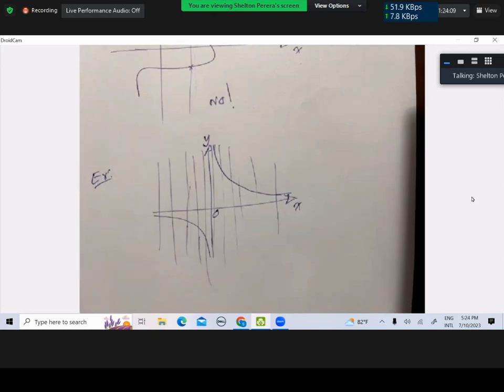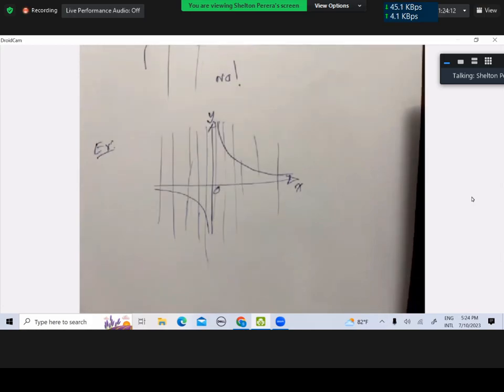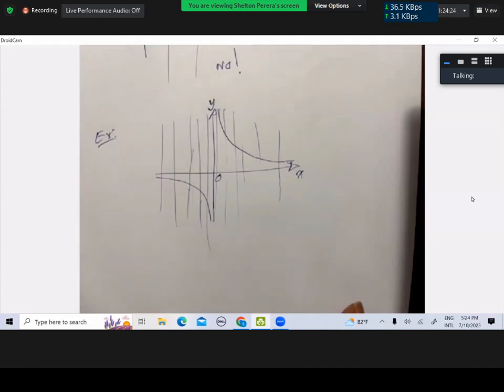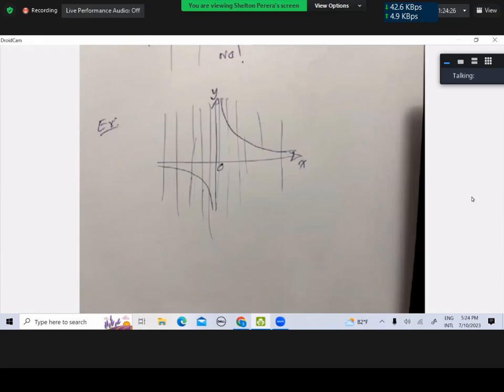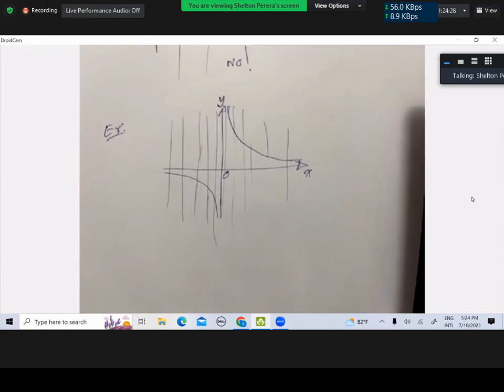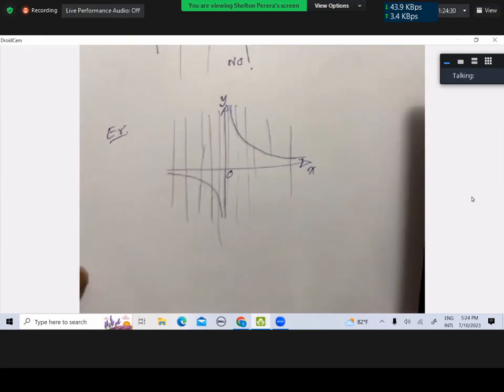Before I forget, piecewise defined functions.